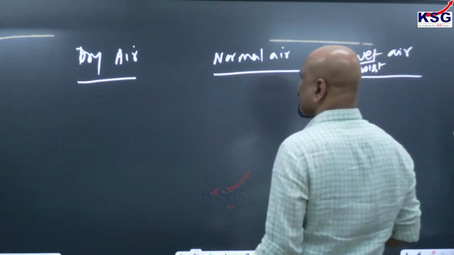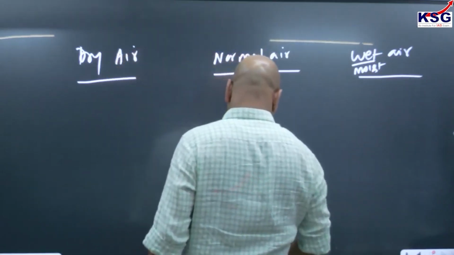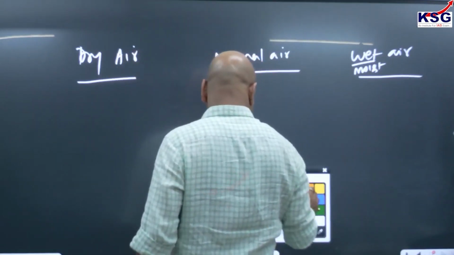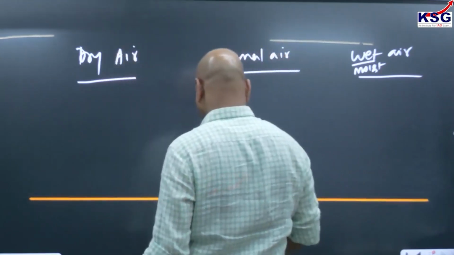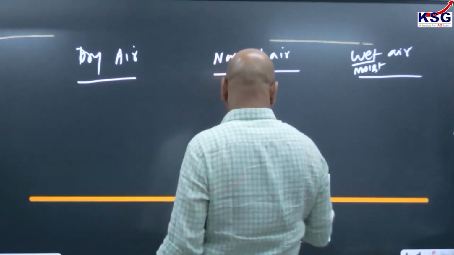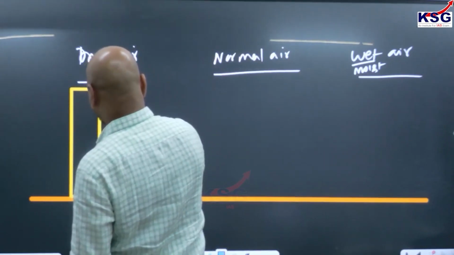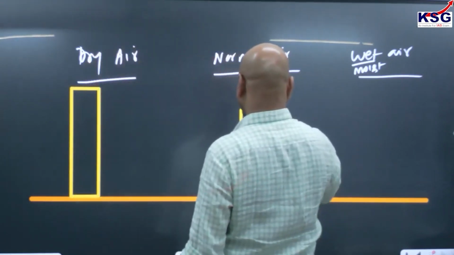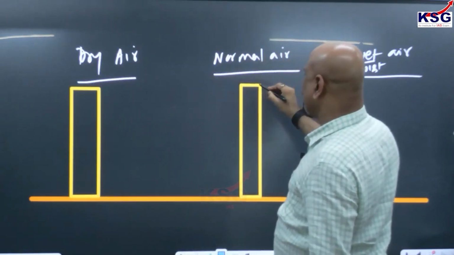Wet or moist air. Three types of air you have. Let us say you are somewhere with your friend. Here is a place with dry air. Here is a place with normal air.